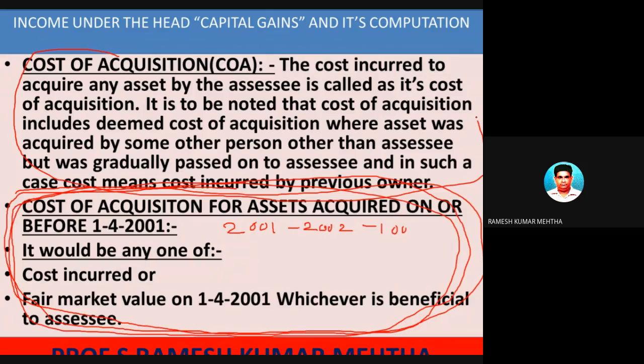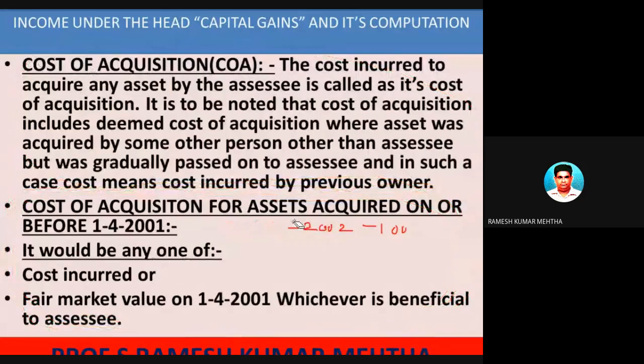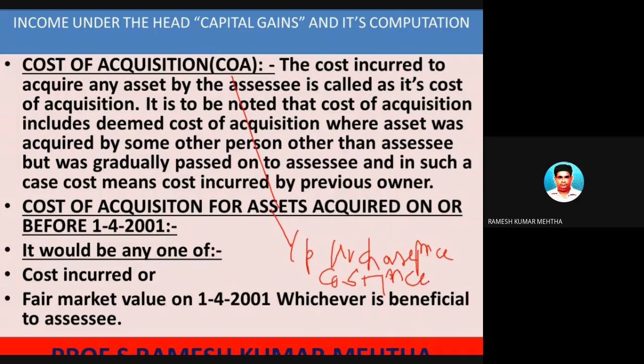Very important. So what do you mean by cost of acquisition? In crude terms, cost of acquisition is nothing but the purchase price, the cost price, or the cost incurred for purchasing or acquiring the asset. Hope you have understood this point.